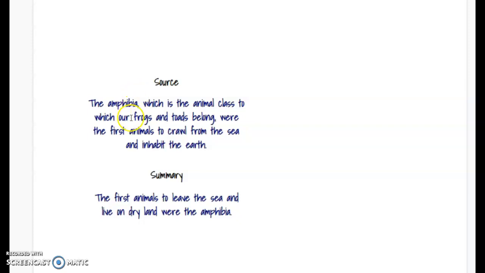Okay, so they've taken the words frogs and toads away because they come under the category of amphibia. All right, so they have summarized that paragraph there into their own version and paraphrased it, meaning changed the words so that it is easier for you to understand. I know we talk about paraphrasing a lot, especially when we're looking up information on the internet.